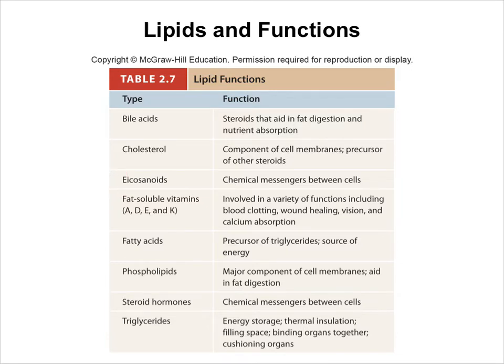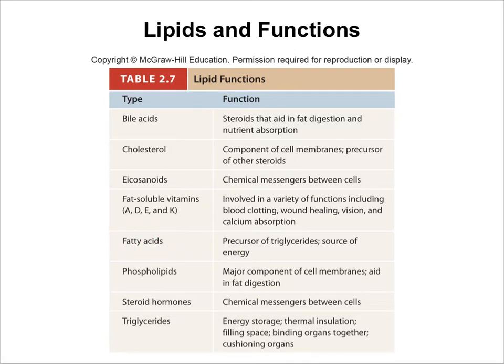They're chemical messengers that send information between cells. There are some vitamins that are basically lipids or are made from lipids, specifically vitamins A, D, E, and K. These are essential for your body to do its functions. They are very important, and they are fat soluble, and they're made from lipids.